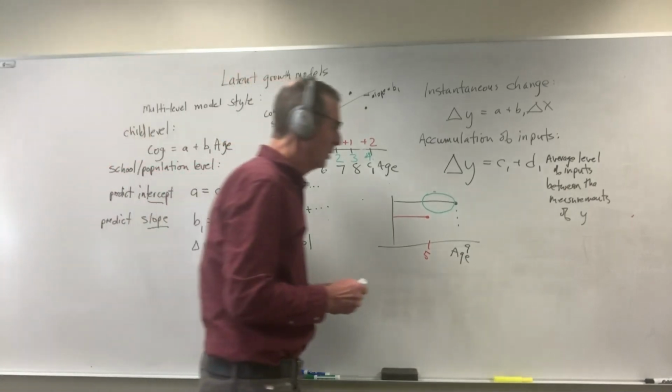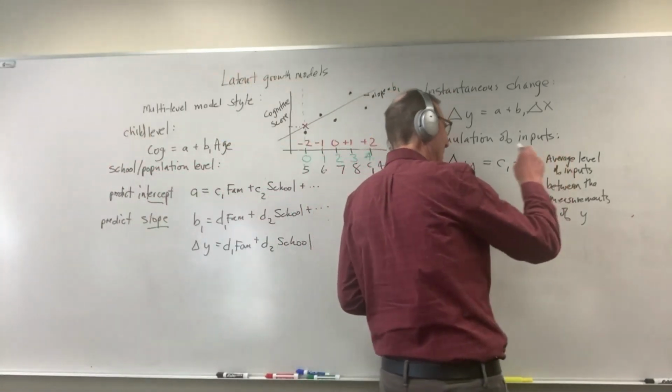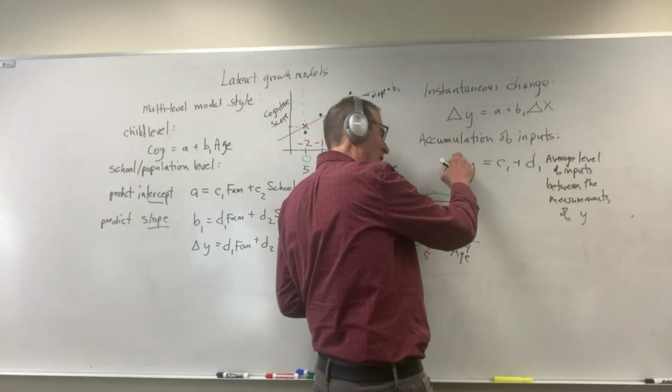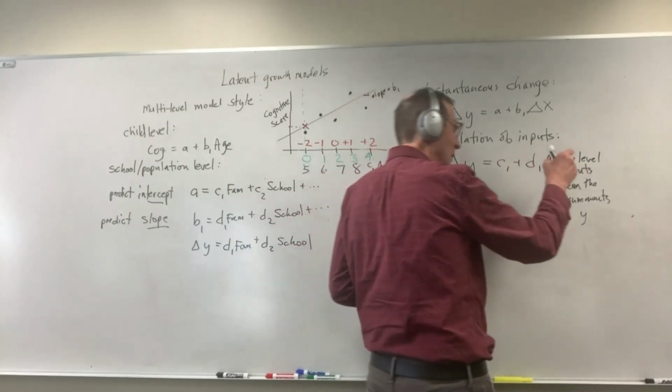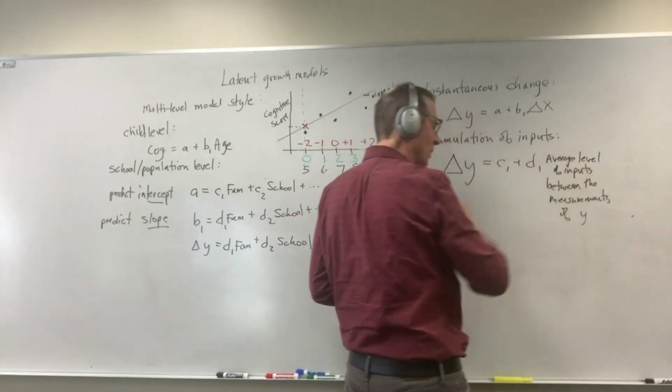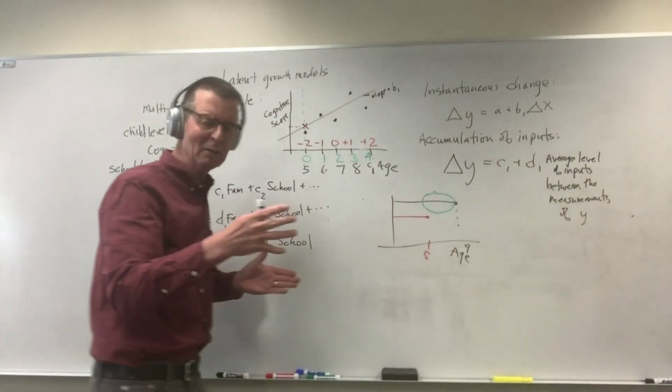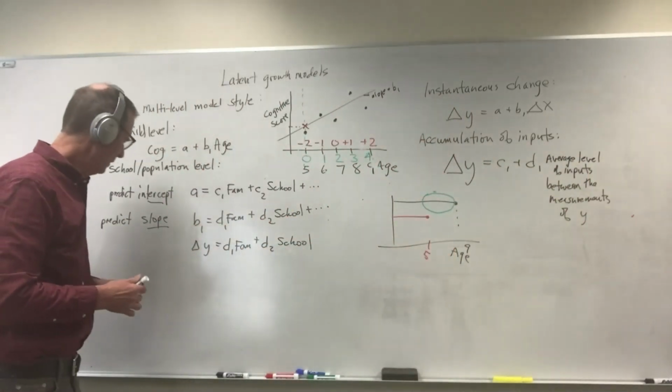But that's a very different equation too, right? So the accumulation of inputs has a change in y, but the x isn't just initial x, it's the average level of x between the 2 points.